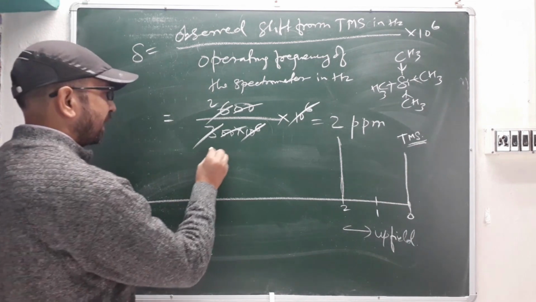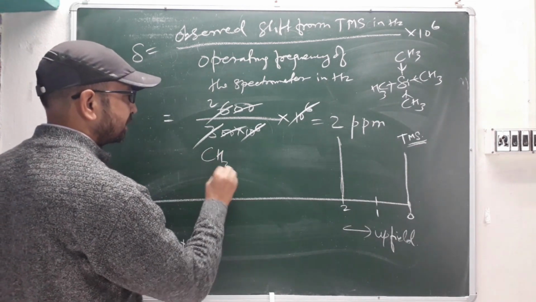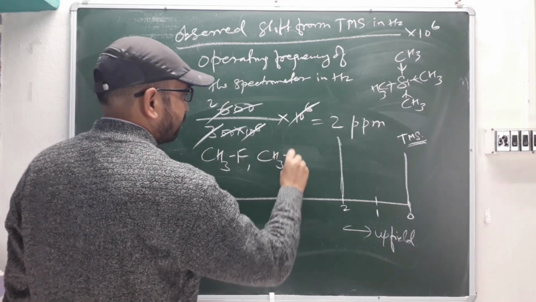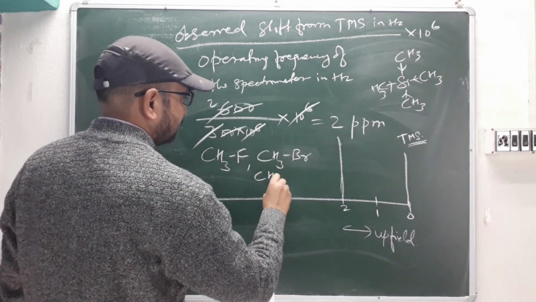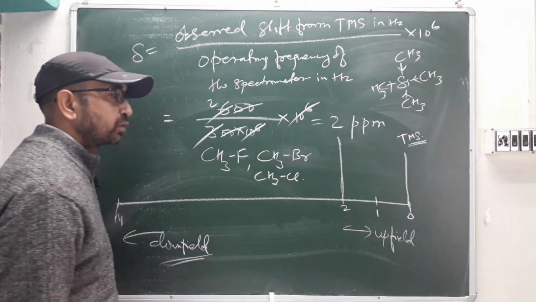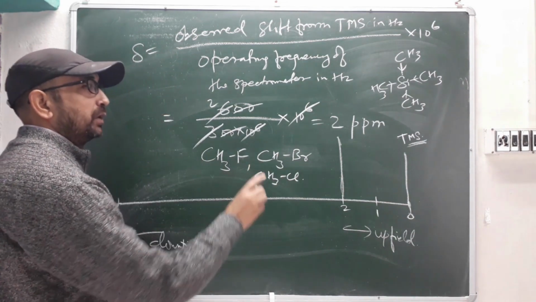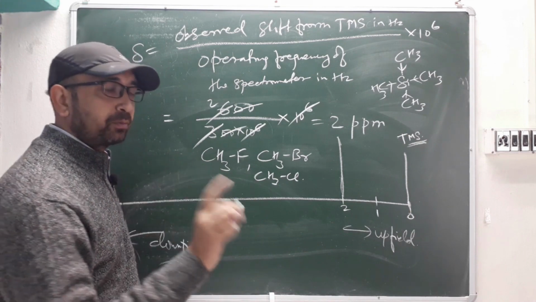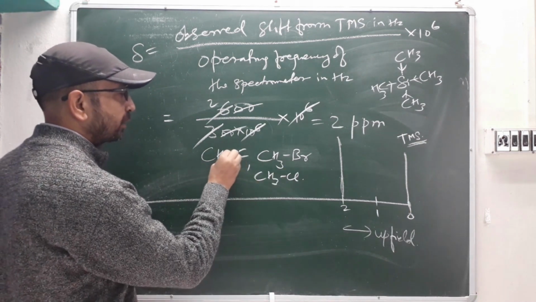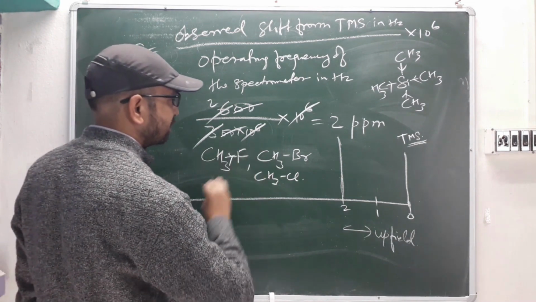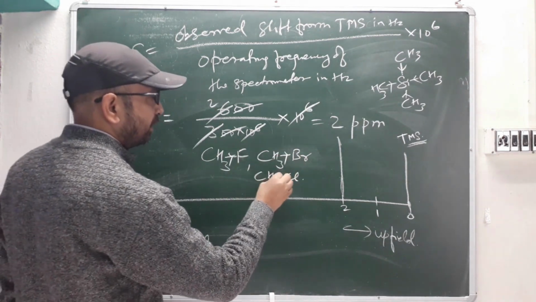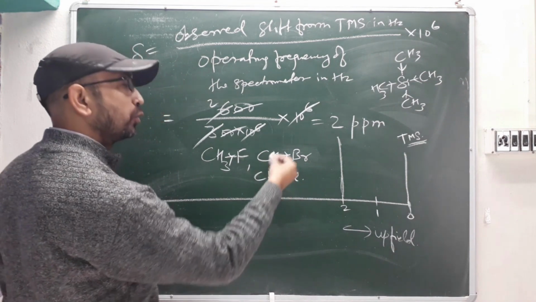Suppose we compare CH3 fluoride, CH3 bromide, CH3 chloride. How will they come? If you don't remember the delta value, no problem, just compare. Fluorine is more electronegative, so it will pull more density towards itself. Chlorine will pull less than fluorine but more than bromine.